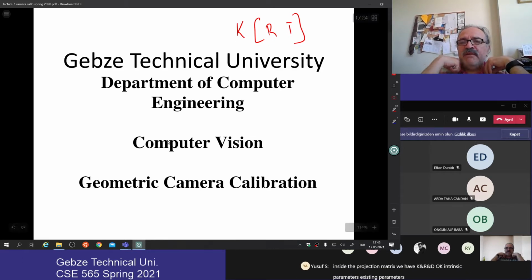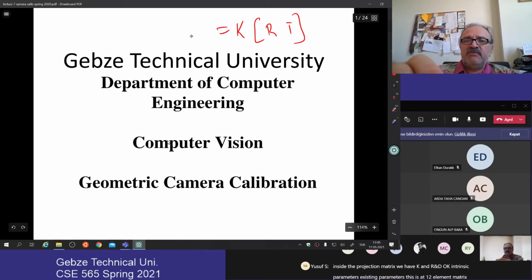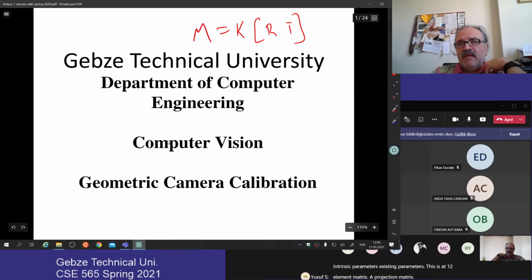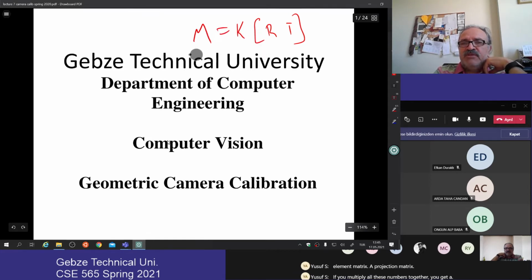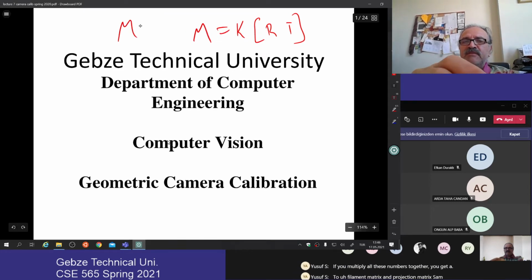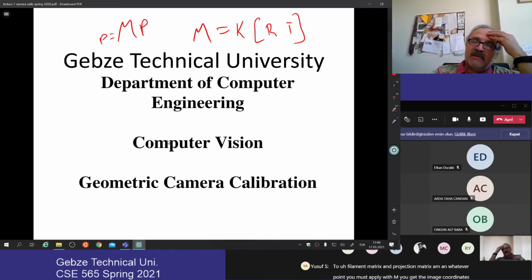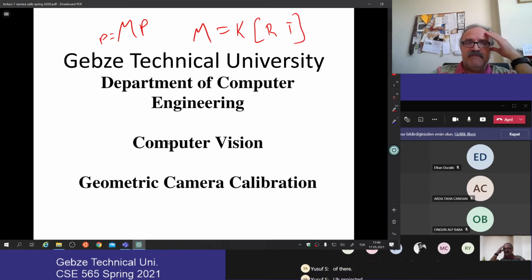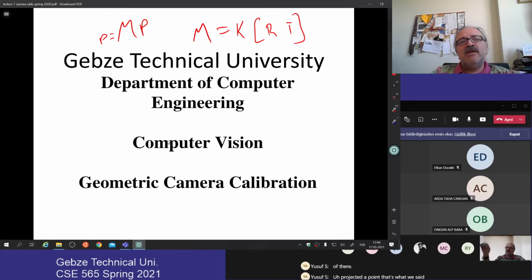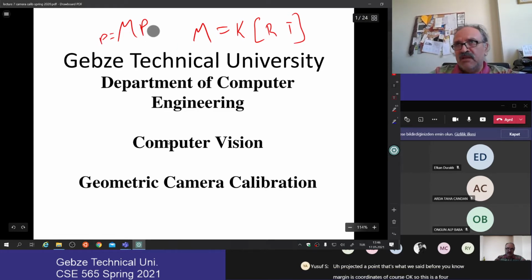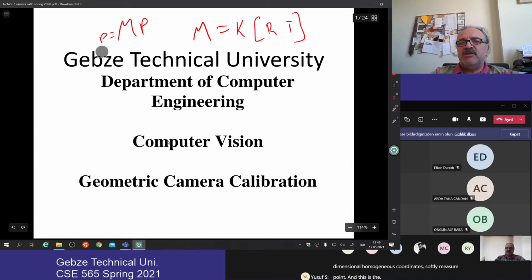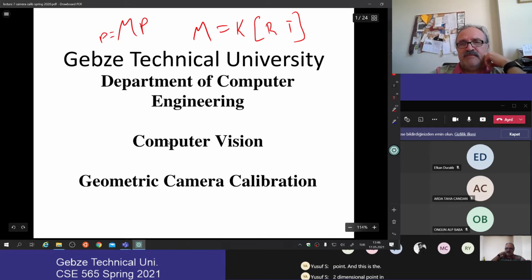This is a 12-element matrix, projection matrix M. If you multiply all these numbers together, you get a 12-element matrix M. And whatever point you multiply with M, you get the image coordinates of the projected point. That's what we said before, in homogeneous coordinates, of course. So this is a 4-dimensional homogeneous coordinate of a 3-dimensional point, and this is the 2-dimensional point in homogeneous coordinates. That's what we said.